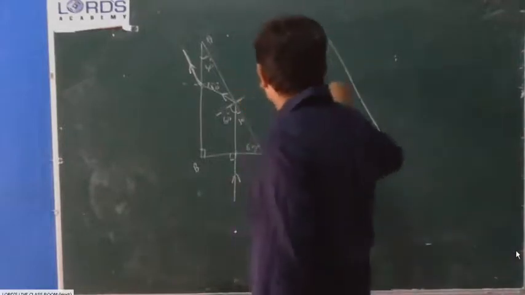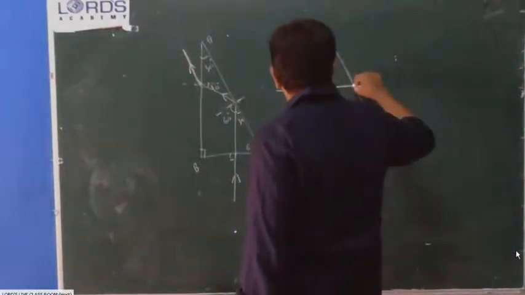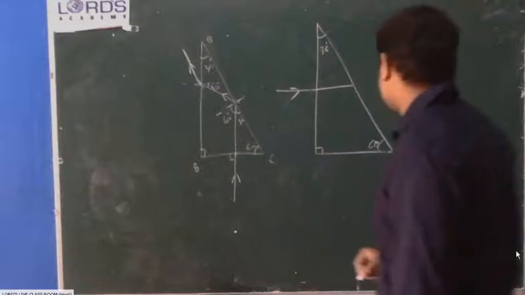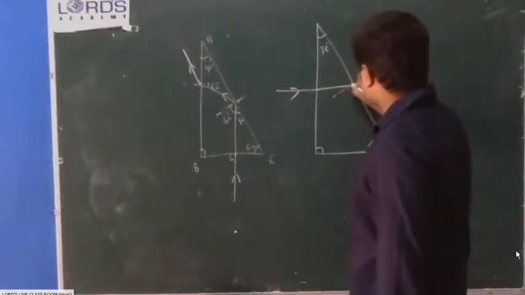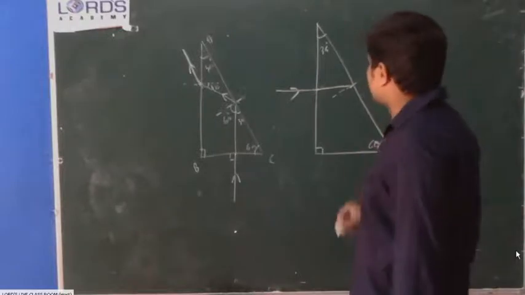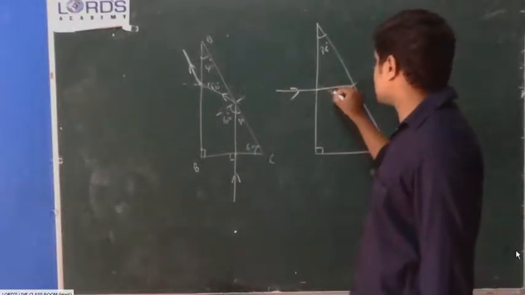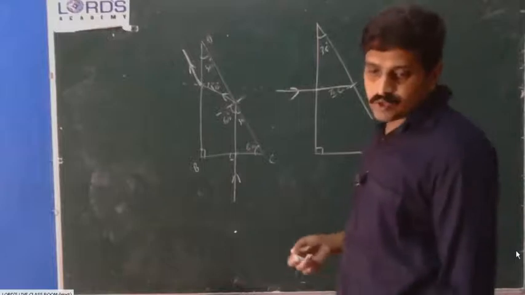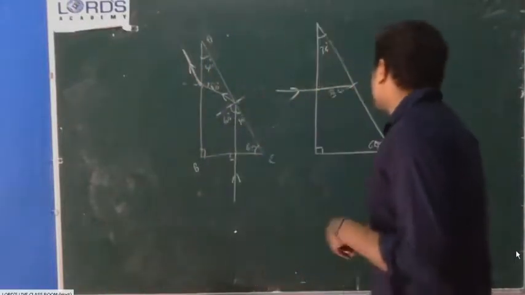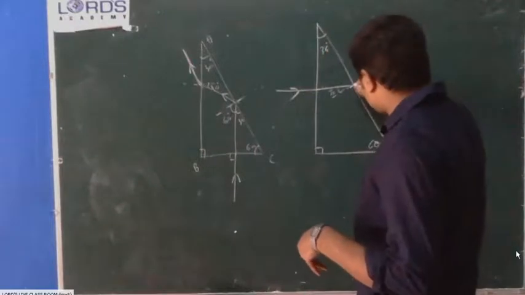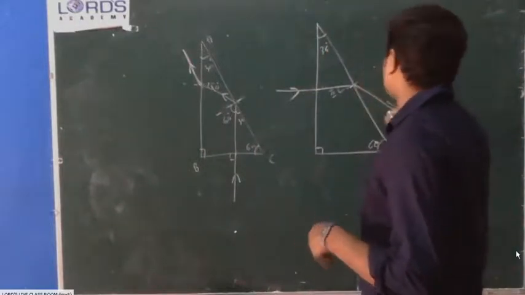As usual, 0 angle, no deviation, and it reaches here. Here is the normal. You can guess the angle of incidence is around 30 degree only, so it is less than the critical angle. It undergoes refraction and bends away from the normal.